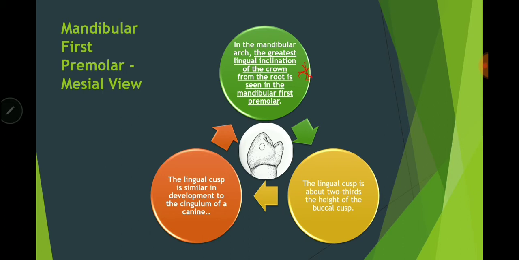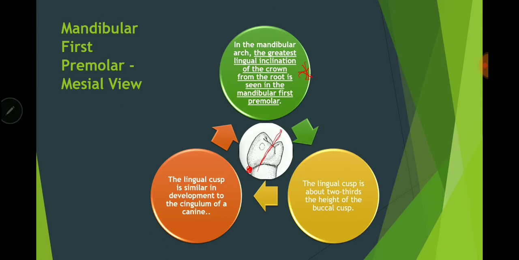So if you are doing a root canal and you go in almost parallel to the crown itself, you are going to cause a perforation, and the perforation is going to be right here, because you are drilling like this.